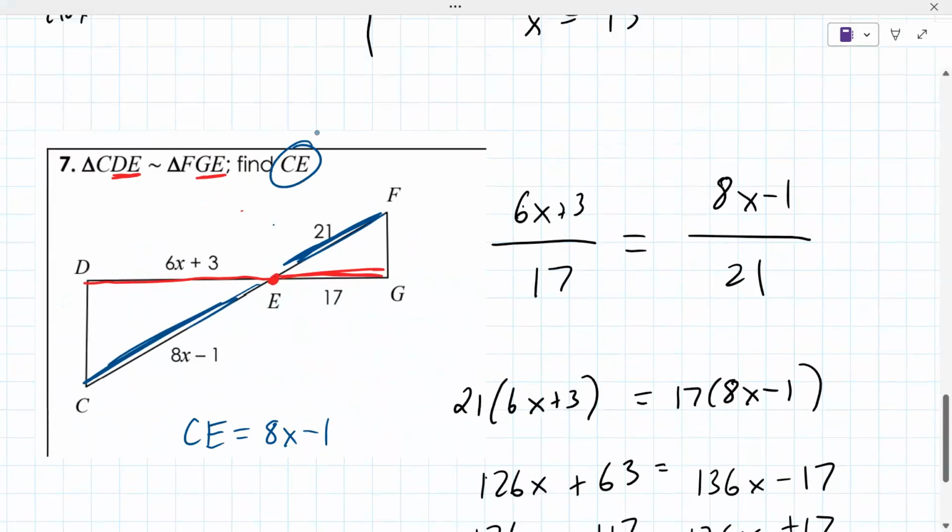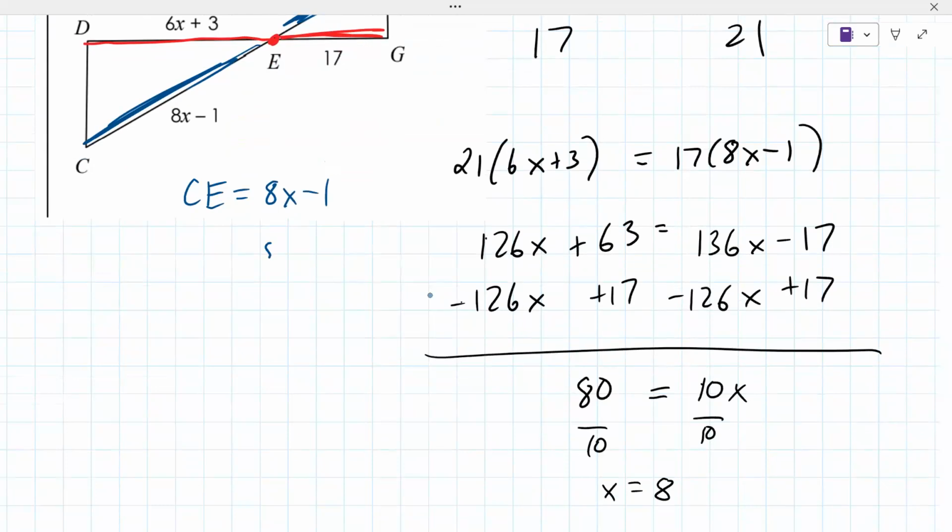So then that would be 8 times 8 minus 1. Yes, 8 minus 1. 63.